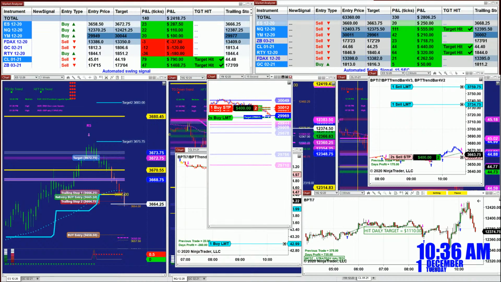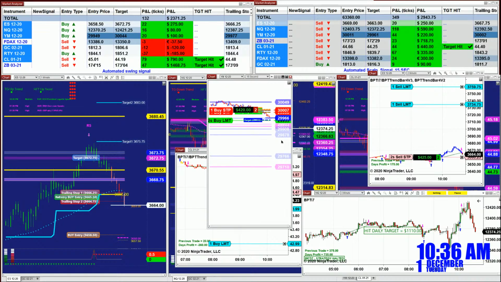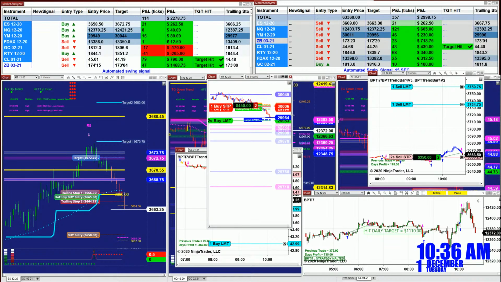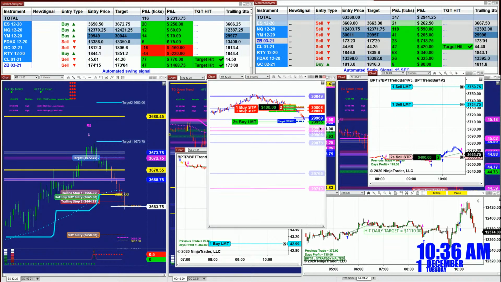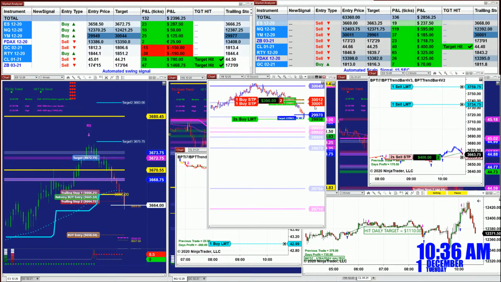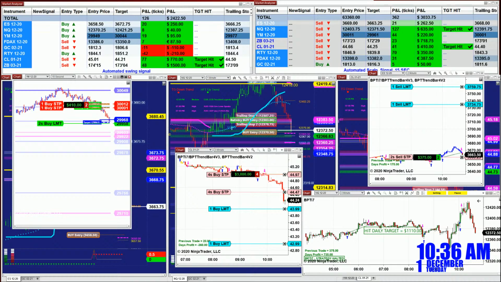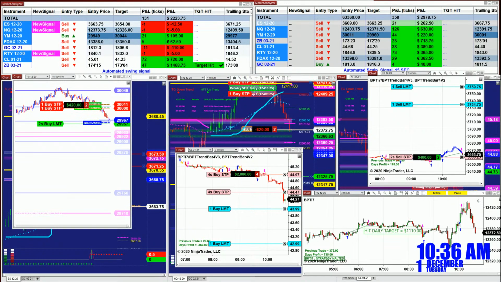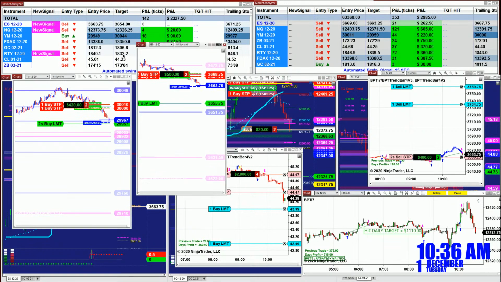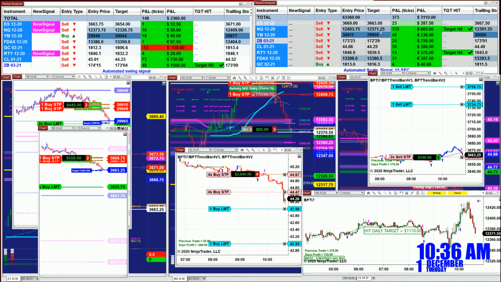The YM scalper, I'm not going to extend the target. I'm going to leave it as is. And this is the scalper. I'm going to leave it the way it is. And the ES scalper, I'm going to extend the target to the support area.